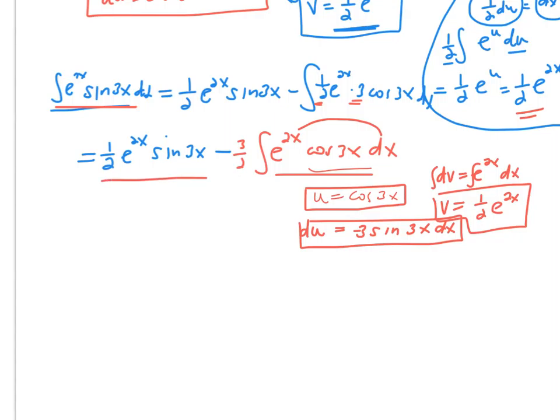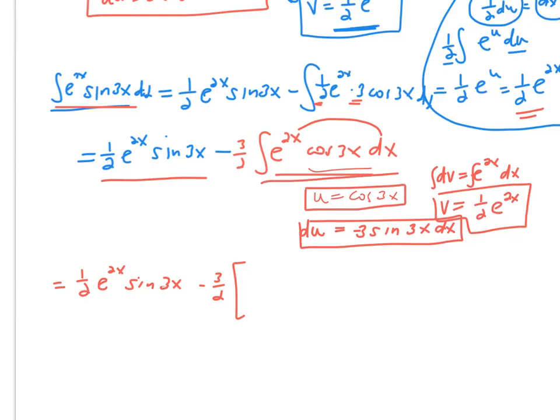I'll try to write it as neatly as possible. This gets pretty big. So we have 1/2 e to the 2x sine of 3x minus the 3/2, that constant, and we need some brackets here because this is the piece where we have to do u times v and so forth.